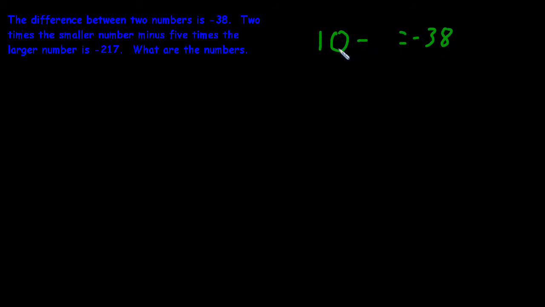So I ask myself, well, 10 minus what will give me negative 38? The answer would be 48. So 10 minus 48 would give me negative 38. So an example of two numbers whose difference is 38 would be like 10 and 48.